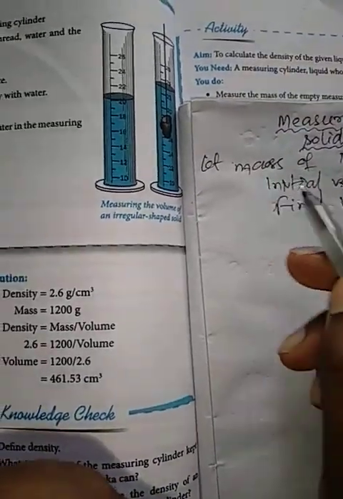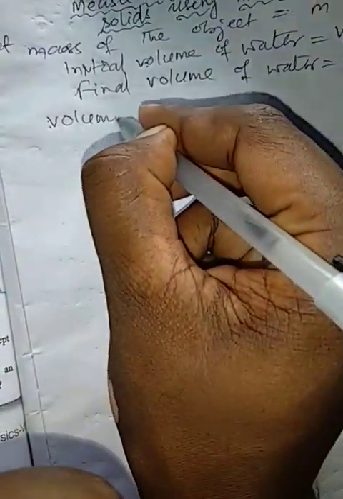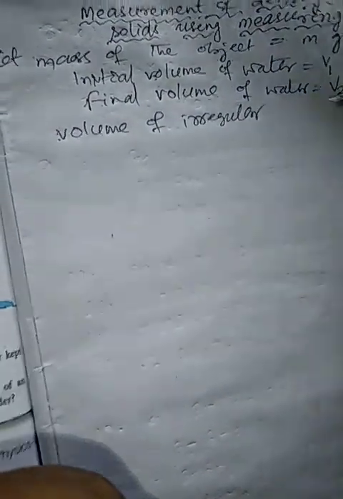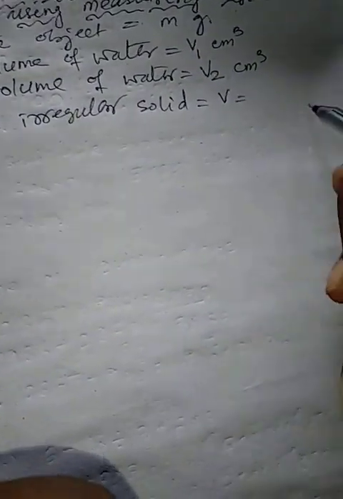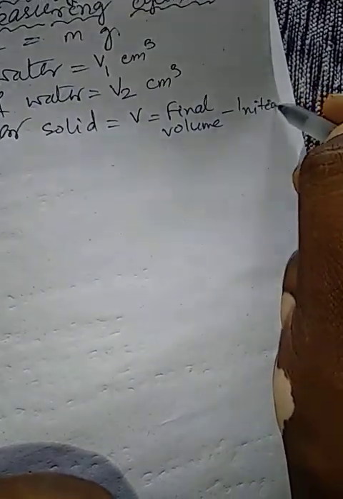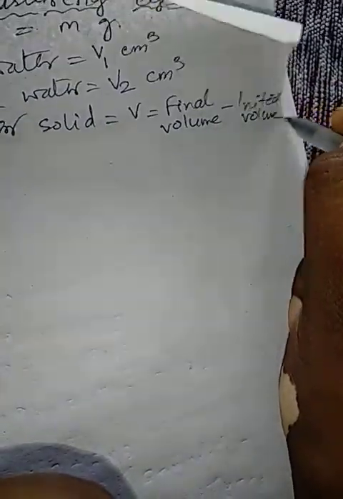Now the volume of the irregular solid is equal to the final volume minus the initial volume.